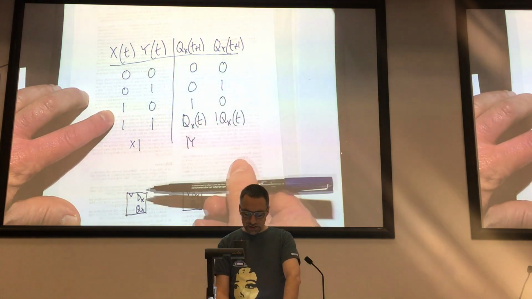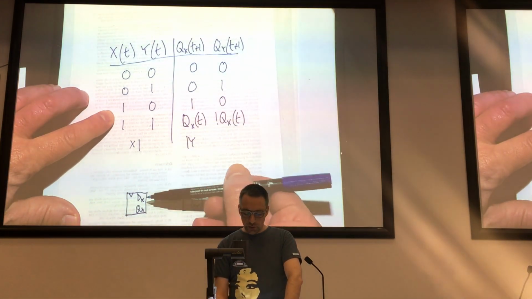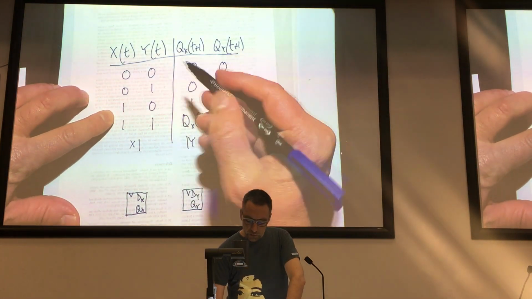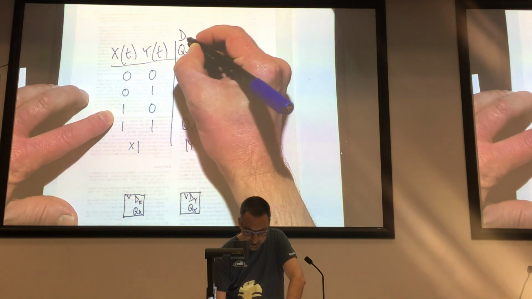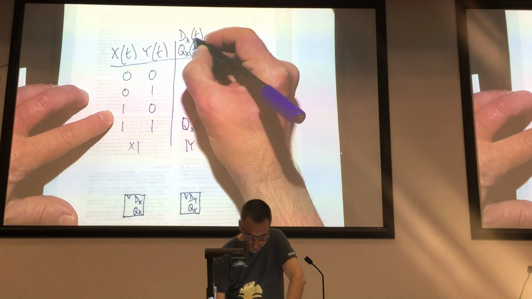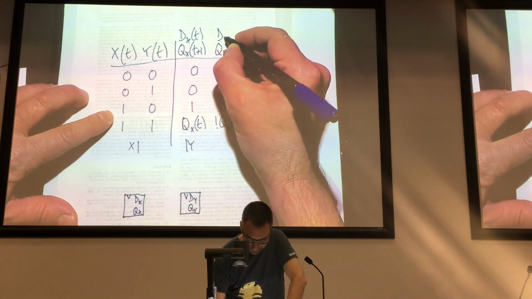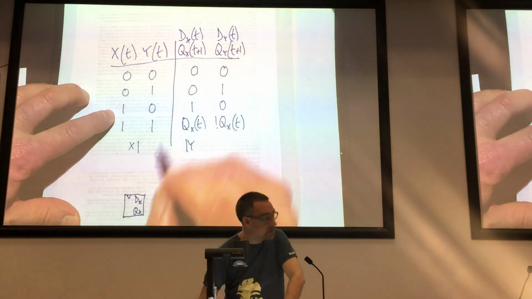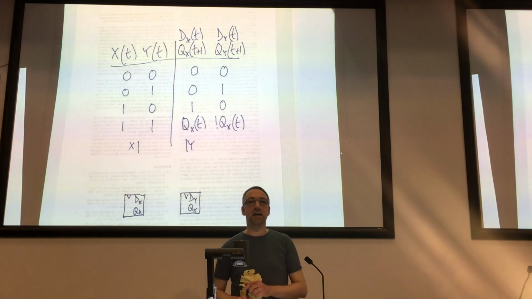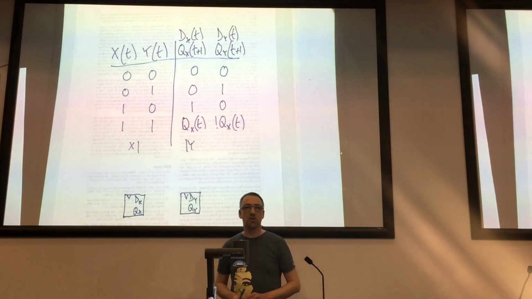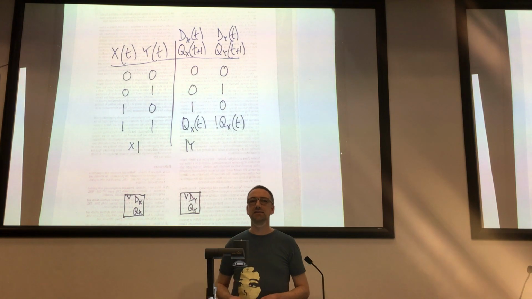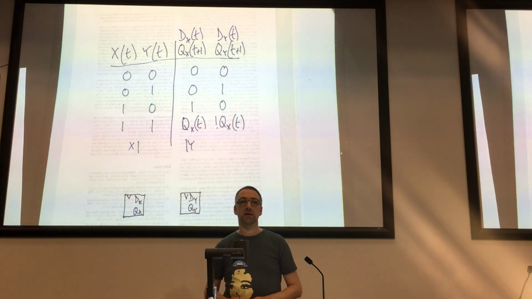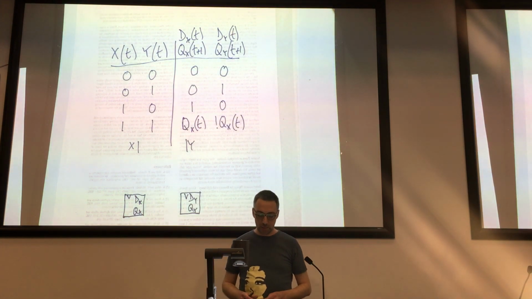Whatever qx of t plus 1 is, that's generated by whatever dx of t is. And that's dy of t. So what this table is really telling us is the correct logic for choosing dx and dy given the current situation.